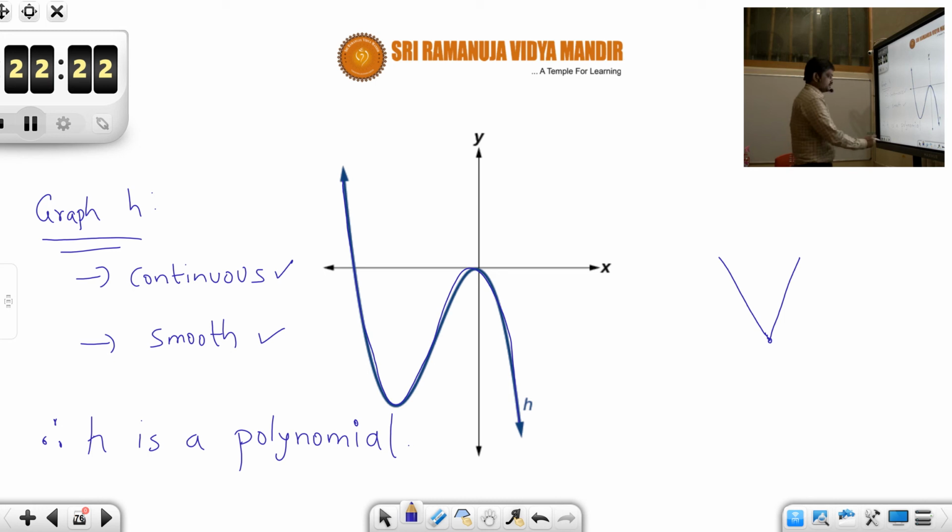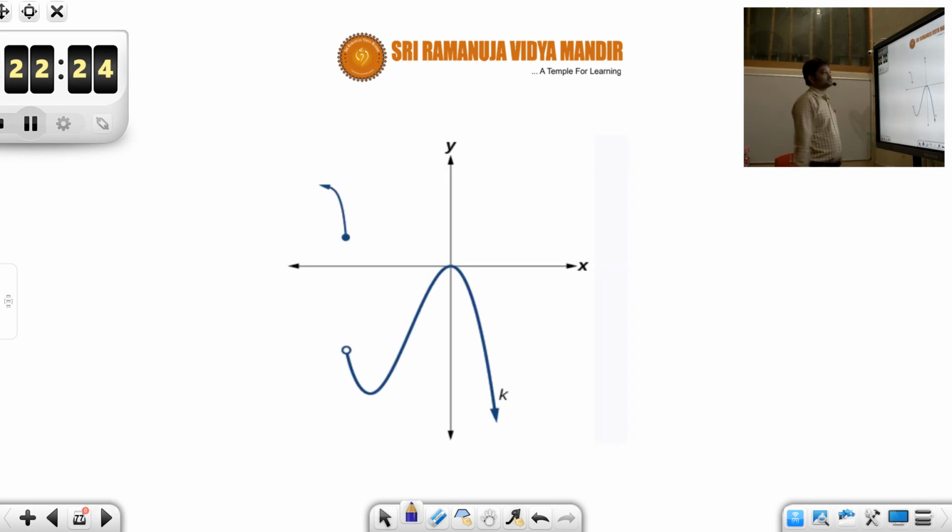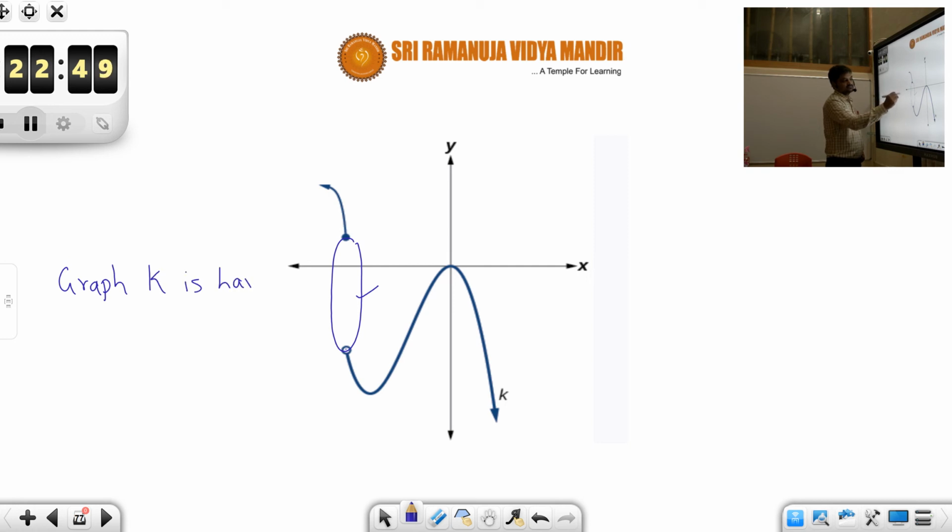Okay, students, let's look at another example. See, if you look at graph K, we can see that there are breaks. We can see that there is a break over here. The graph is jumping from one point to another point. So hence this graph is not continuous. So we can say that graph K has breaks or gaps.